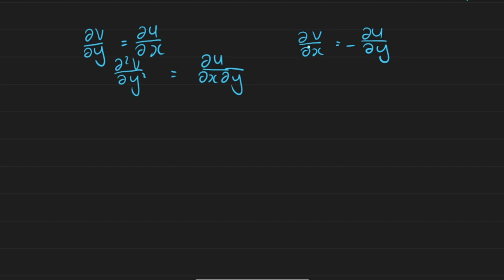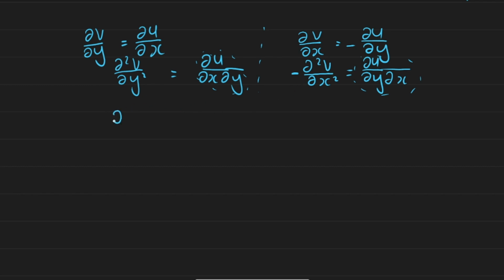If we find the derivative with respect to x on the left-hand side, we get d squared v dx squared, equal to, let me just write the minus on the other side and make that positive, d squared u dy dx. And what do we know about mixed partials? We know that mixed partials are equal. So if these two are equal, then the left-hand sides should also be equal.